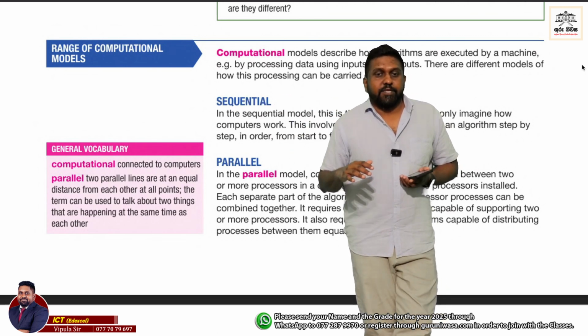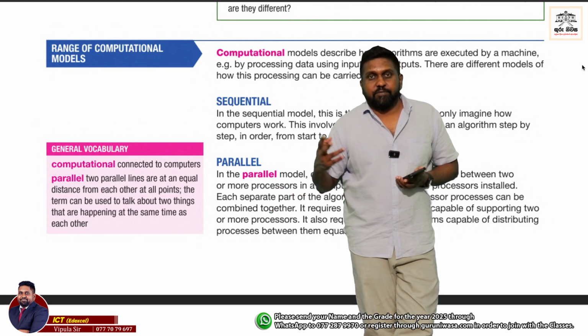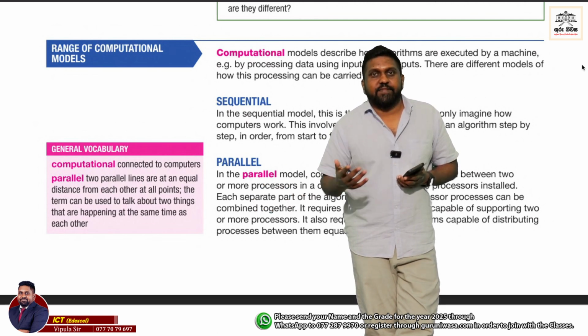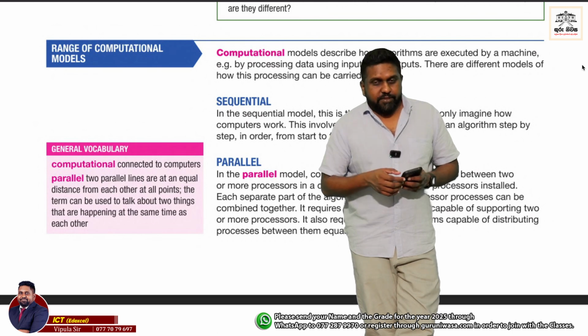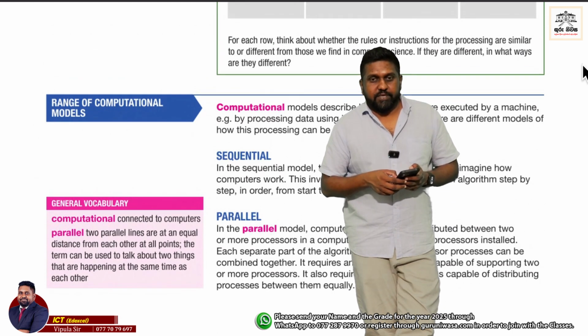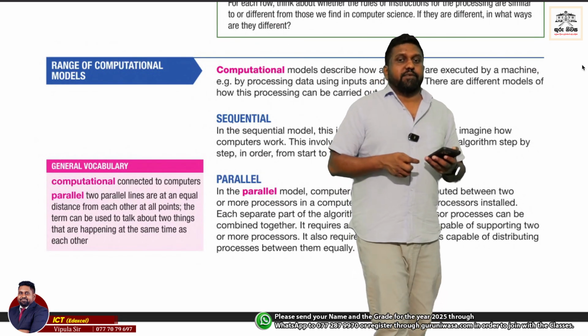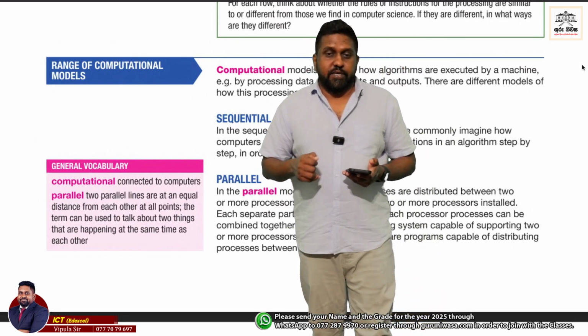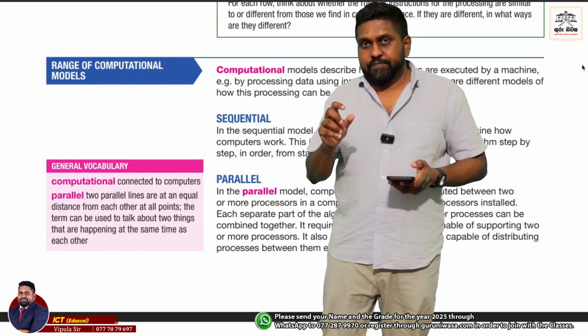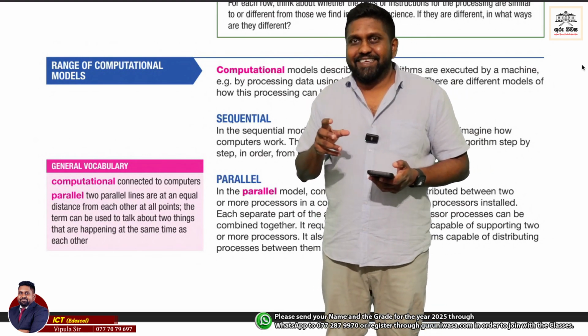In this case, we talk about two things getting executed at the same time. I will show you a quick example of parallel computing and sequential computing, just to give you an idea.